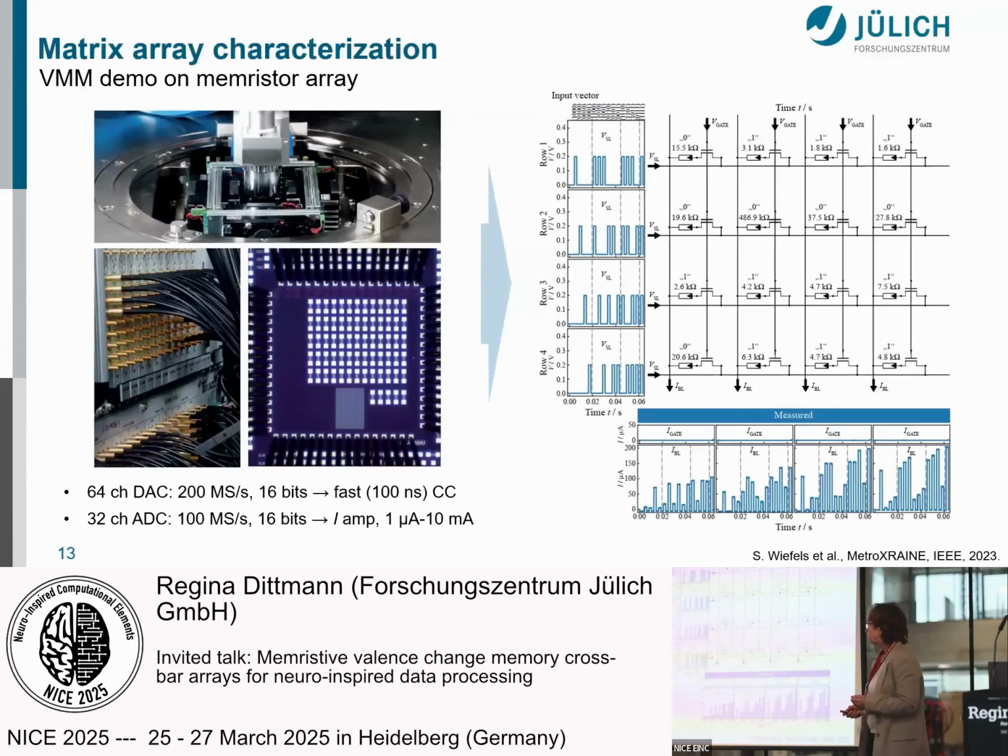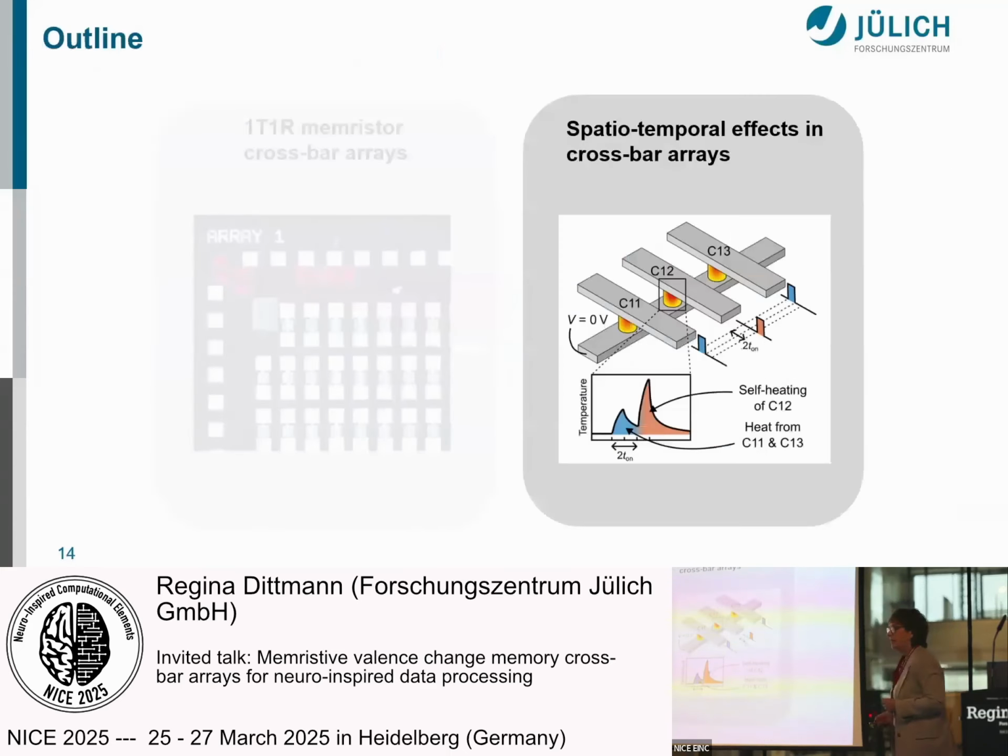Based on this knowledge of how we operate this, I show you one preliminary example on our CMOS chips, where we demonstrate vector matrix multiplication in a 4x4 crossbar array. We have much larger arrays on our chips, and we will proceed with doing more complex operations on our chips in the future.